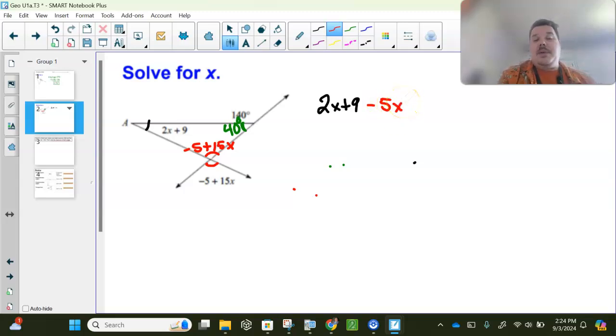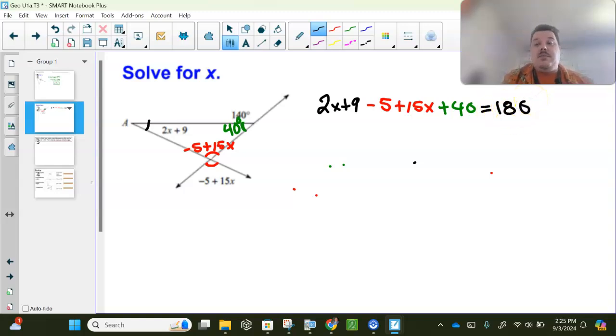Normally we'd go plus, but it's a negative, so we'll go minus, and it's not 5x, it's just minus 5, plus 15x plus 40, and that should equal 180.